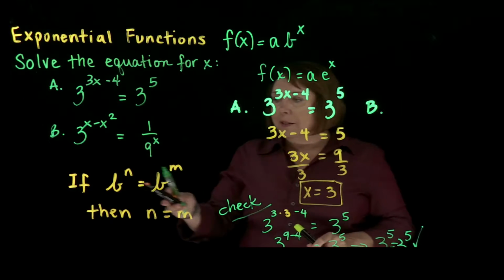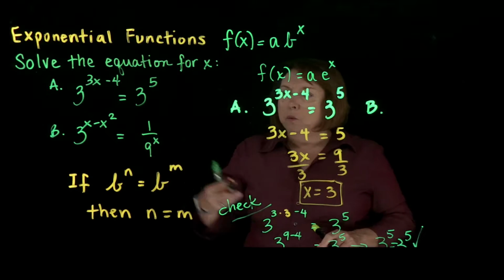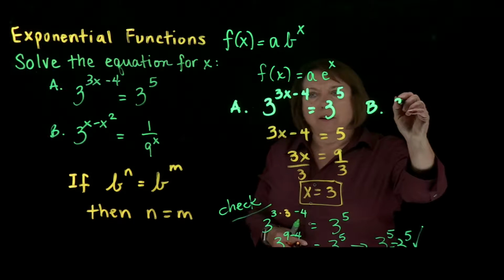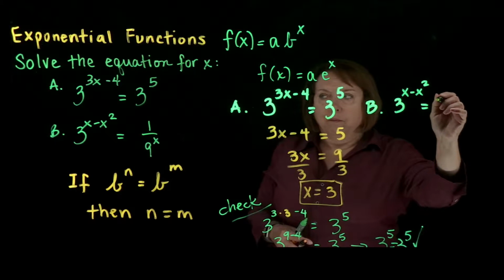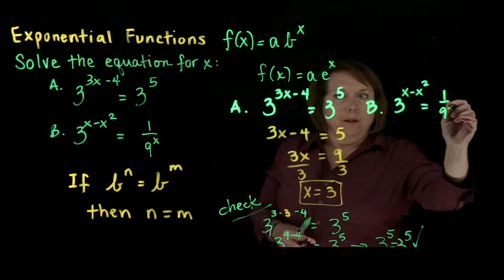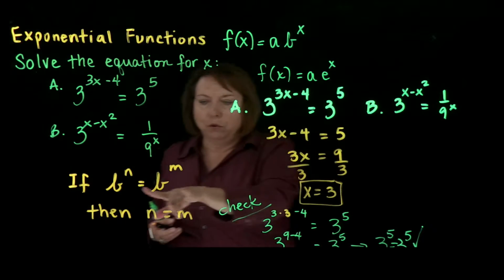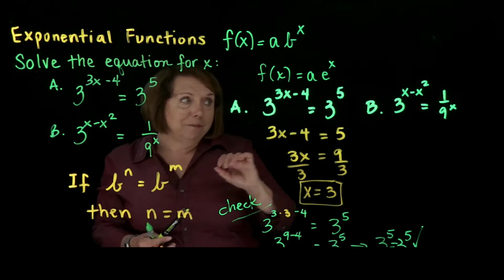Problem B says 3 to the x minus x squared is equal to 1 over 9 to the x. It's a little bit more complicated. So keep in mind, what are we looking for? We're looking to try to get both sides to have the same base.